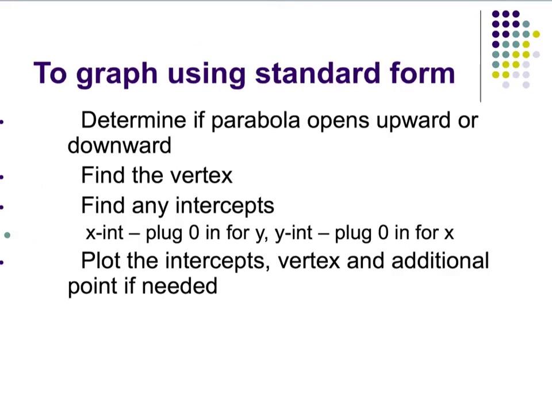When we graph using standard form, we first start by determining if the parabola is opening upward or downward. Then we find the vertex. Then we find any intercepts, x-intercepts and y-intercepts. And then we plot those points. So let's take a look at an example.